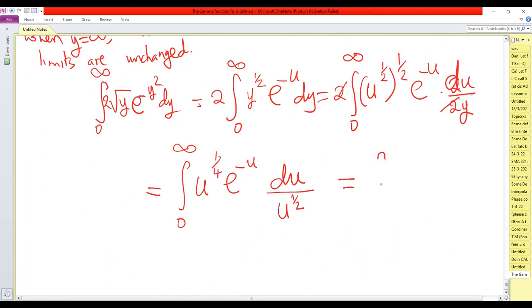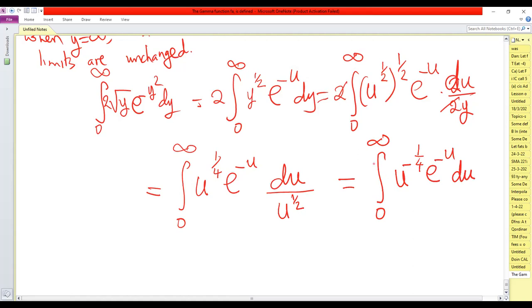So which is the same as the integral from 0 to infinity. Now using properties of indices, a quarter minus a half will be the new power of u, which will be given by minus 1 over 4. So we'll have u power minus 1 over 4, e raised power minus u and then du.